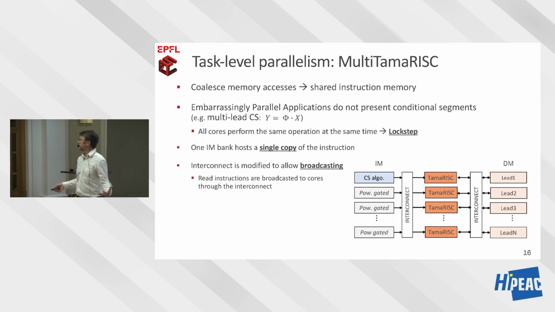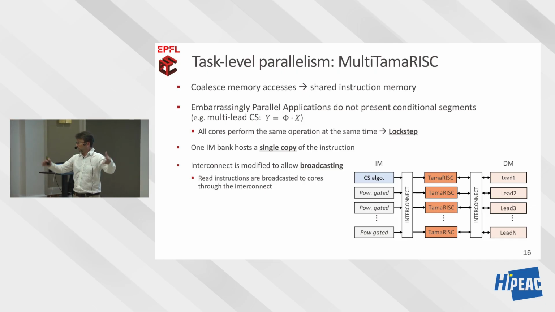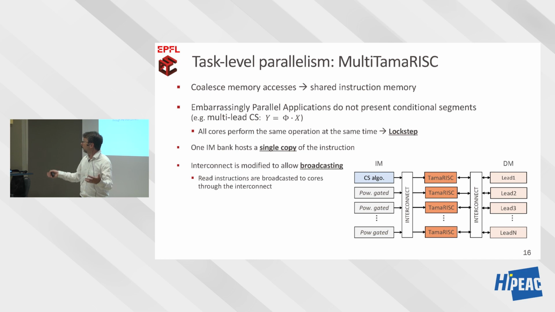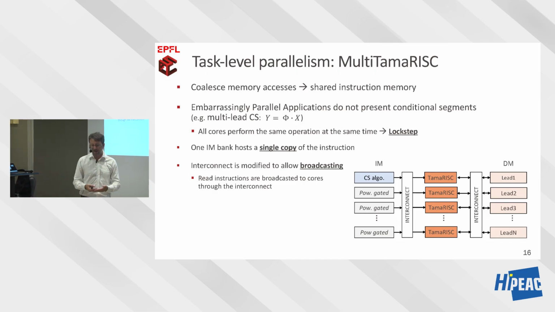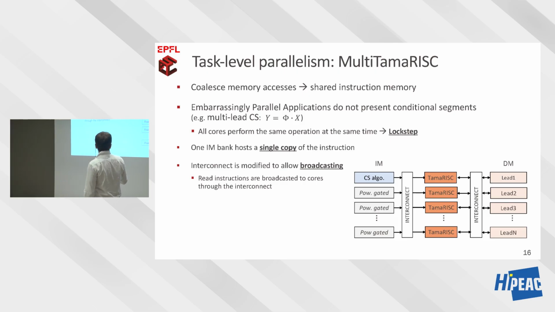Imagine that we're doing compressed sensing. What we do is that we acquire a window of signal, then we do our matrix multiplication, always with the same matrix composed of zeros and ones, and we compute the output. There are no data-dependent branches at all in this application, and each processor is actually executing the same program on different data. So we can just store that in a single copy, and then all processors fetch instructions from the same location.